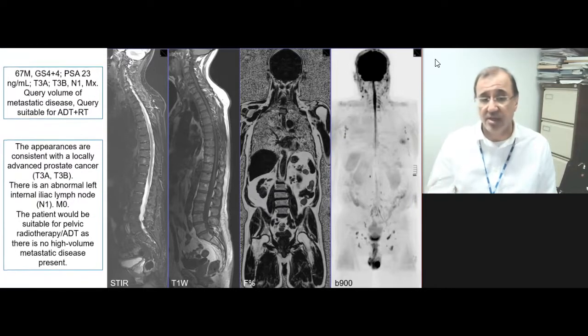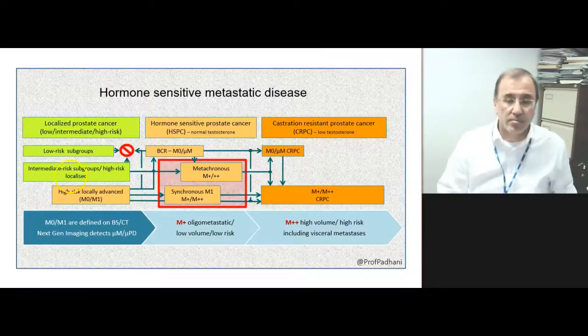In his case, what we said was the appearances are consistent with a locally advanced prostate cancer with T3A and T3B disease. There's an abnormal lymph node in the left internal iliac region, no bony metastases. This patient would be suitable for pelvic radiotherapy / ADT as there is no high volume metastatic disease.